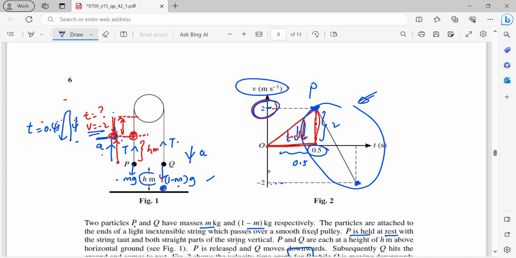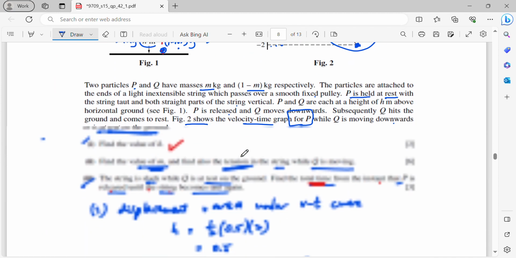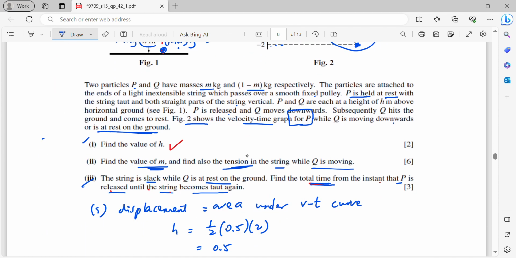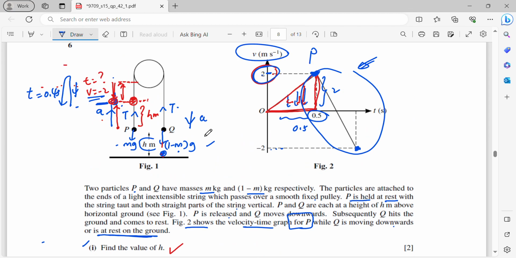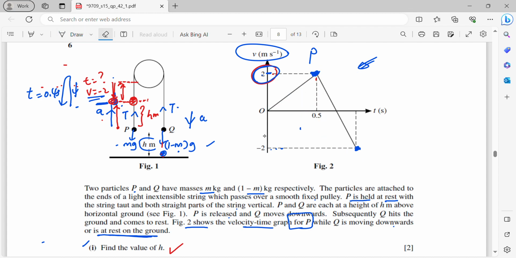Now I need to get the total, because the question says you need to find the total time from the instant that P is released. Referring to the graph, from 0 to 0.5 seconds, the speed of P changes from 0 to 2, and this 2 is the highest. That means it will be here.